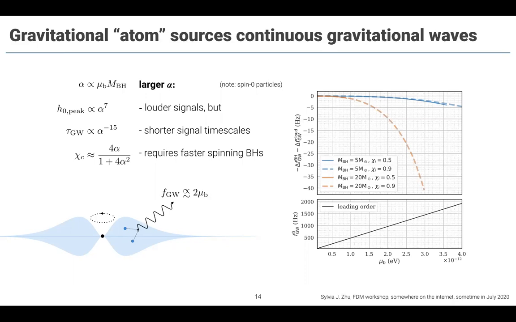If you see a very rapidly rotating supermassive black hole, that suggests there probably hasn't been a cloud around it extracting its spin. You can do something similar for stellar mass black holes as well. But the tricky thing is that those also come with a set of assumptions, so it's a complementary way to set constraints on axion existence.